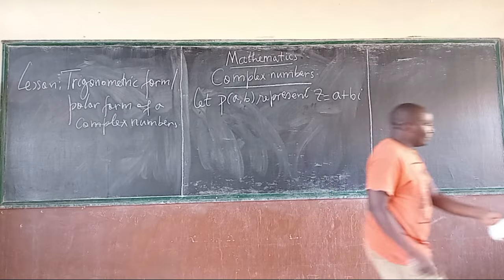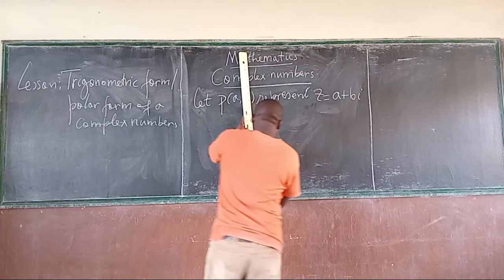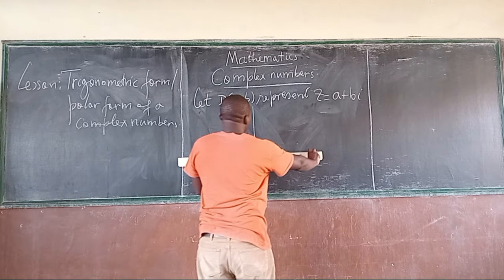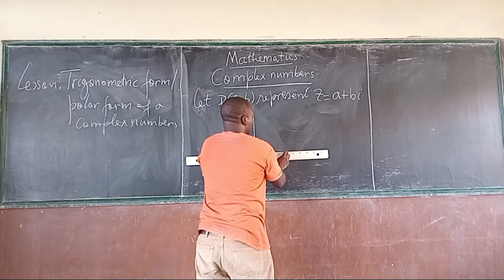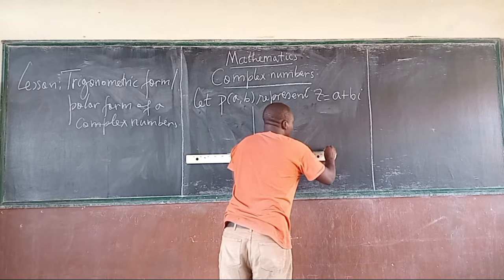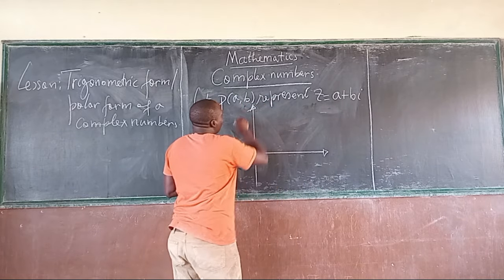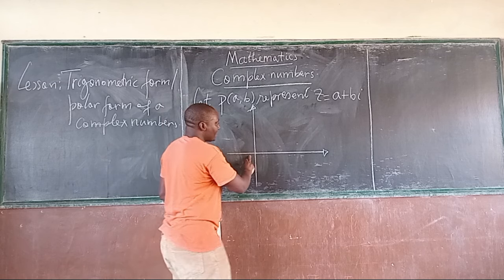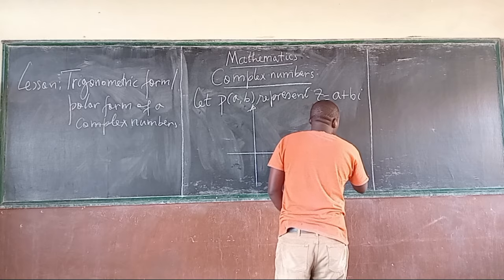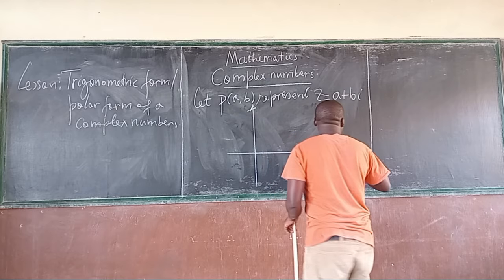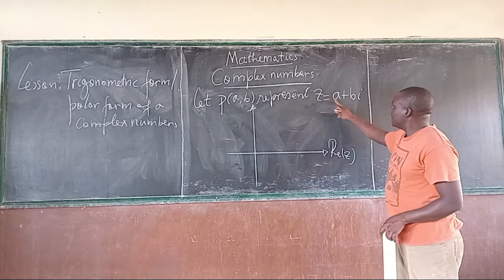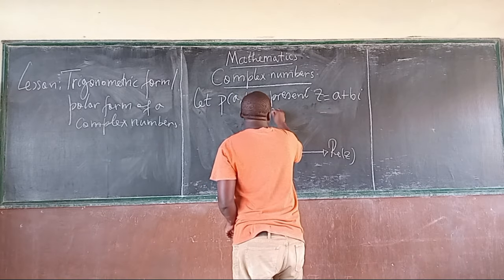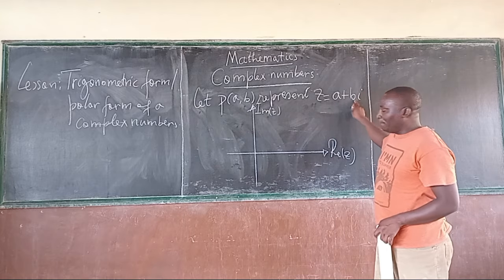As you see, I can use a ruler for drawing. Now, teachers, I'm going to represent my complex number z equal to a positive bi on an Argand diagram. On the x-axis I put the real part of my given complex number z, it is like a.